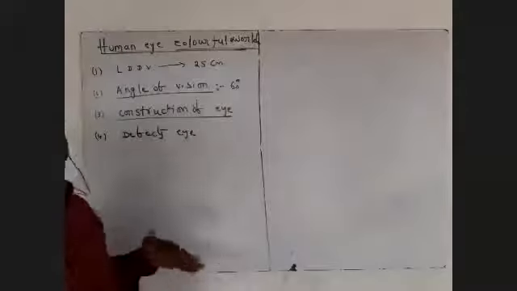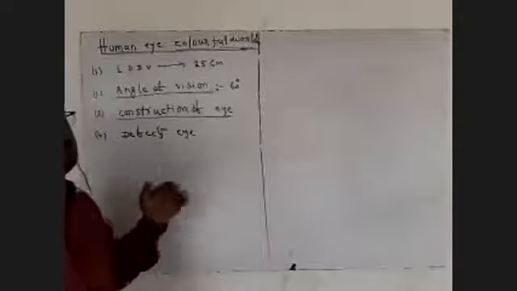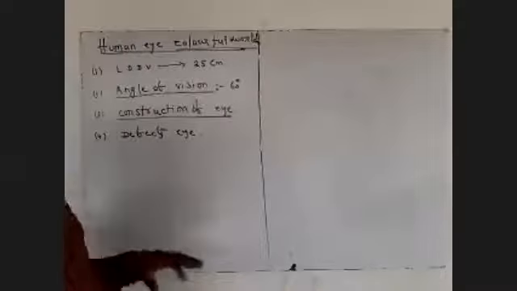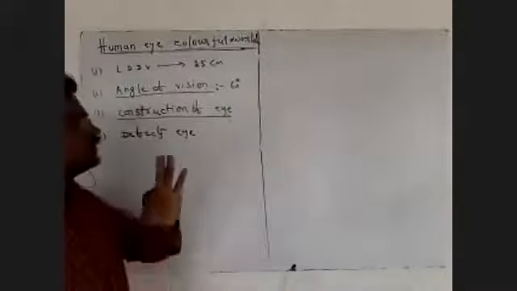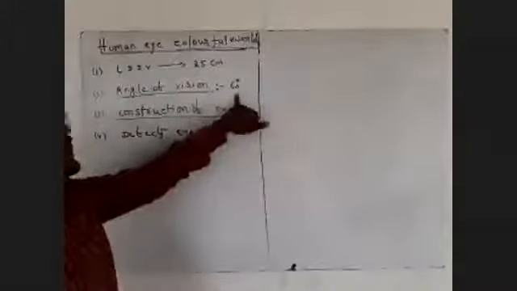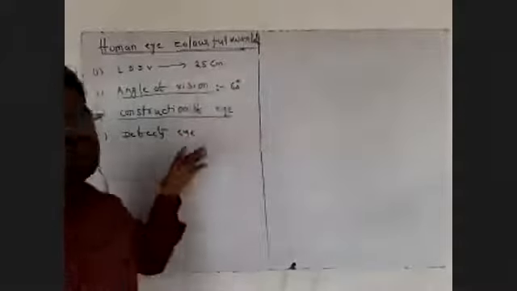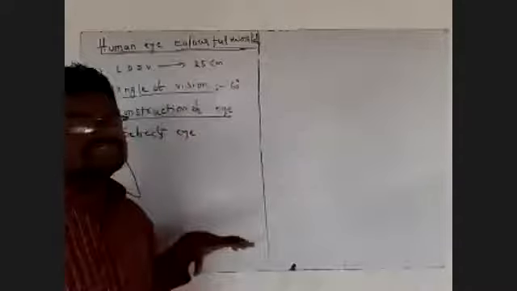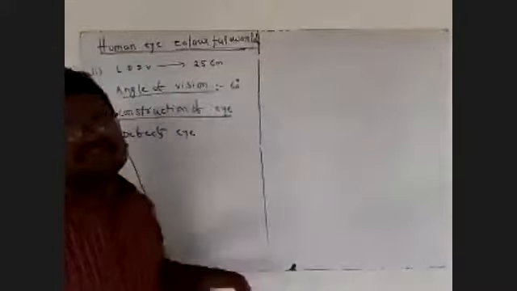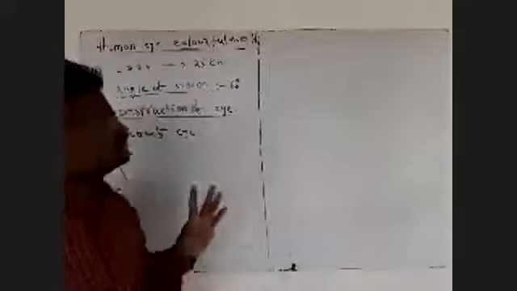Below 10 years, they have LDDV of 7 centimeter to 8 centimeter. And old people have LDDV values of 1 meter to 2 meters. Angle of vision for healthy persons is 60 degrees. Below 60 degrees means we are able to see the whole object. Above 60 degrees means we are not able to see the full object.